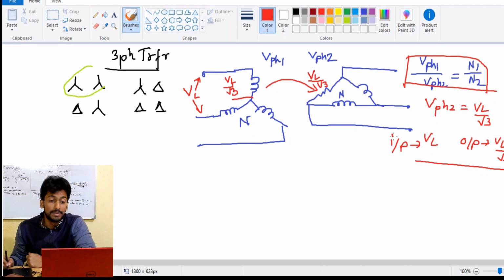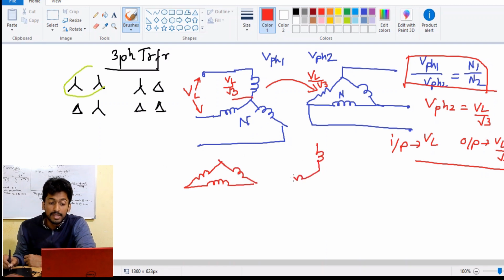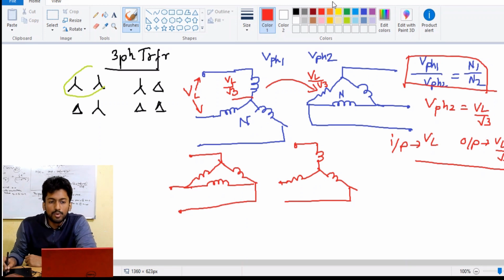Again, if we take just the opposite case, if we have the delta connection on my primary side, the input side, and the star connection on the output side, what will happen? Say this is my configuration. Now I am going to apply a line voltage of VL here.